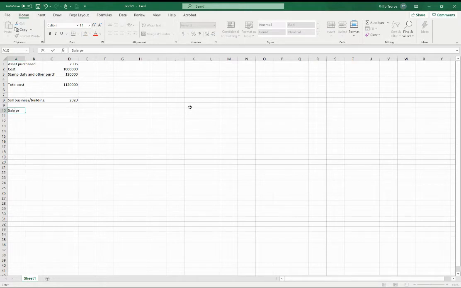Let's say the sale price of that is $2,500,000. Now we need to also add sale costs, which is commission on sales and settlement costs and so on. They can amount to around about $50,000.